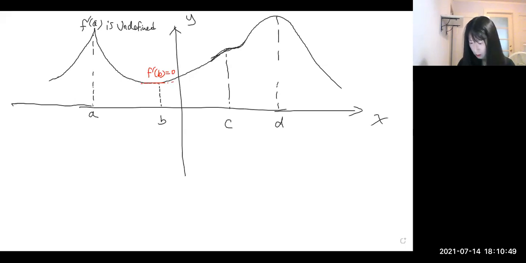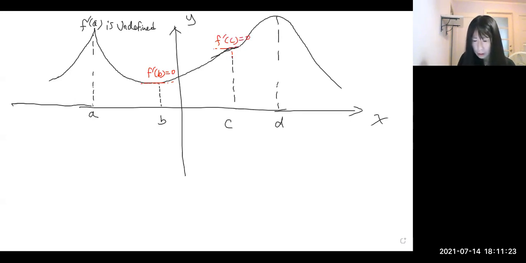So this is f prime of B equal to 0, right? And I want to move C a little bit, like a flat. So f prime of C is also 0.